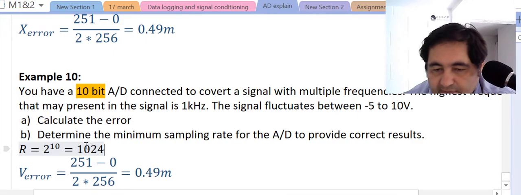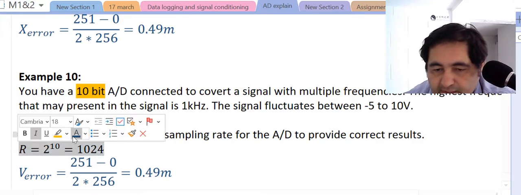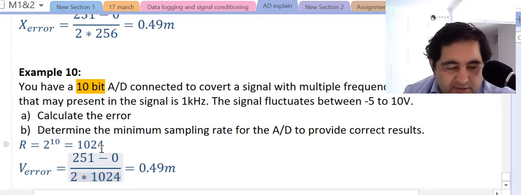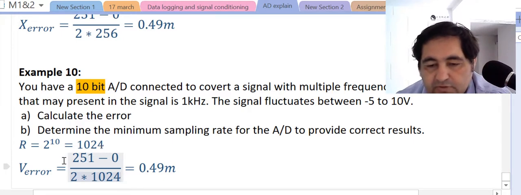Okay, now I have R, I should be able to work out the V error. So first of all, here 2 times R, so it's 2 times 1024, and then here I have 2^5 minus 1. It's actually changing because my range now is -5 to 10 volt.